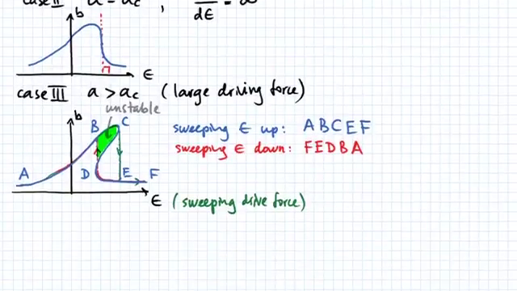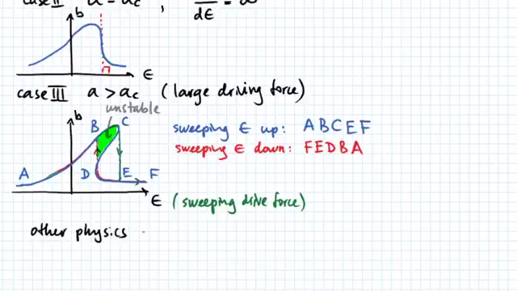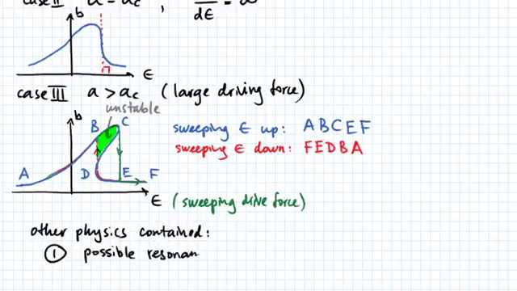Finally, it should be noted that the physics of a driven nonlinear oscillator is not exhausted by this interesting resonance behavior. Other physics contained in the Duffing equation includes the following: with nonlinear oscillators, there exists a possibility for other resonances that will occur at frequencies that are related to natural frequency omega naught by two integers p and q.